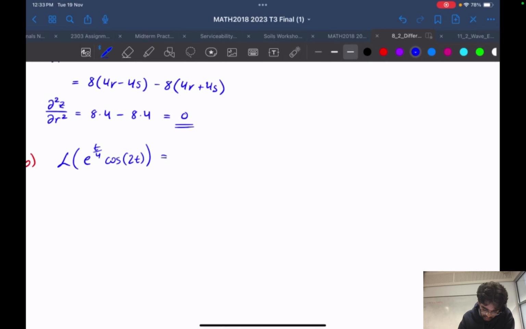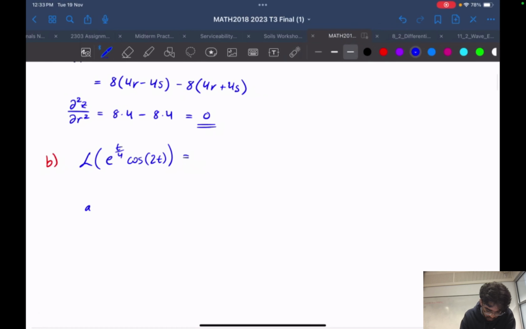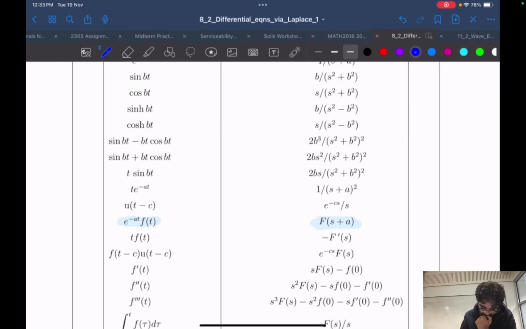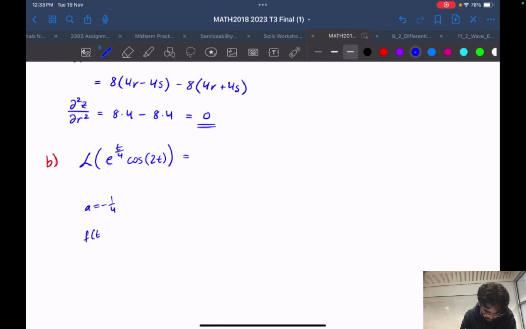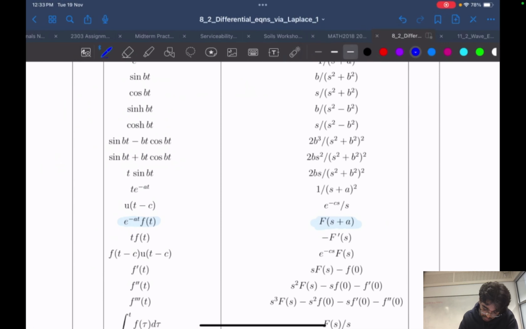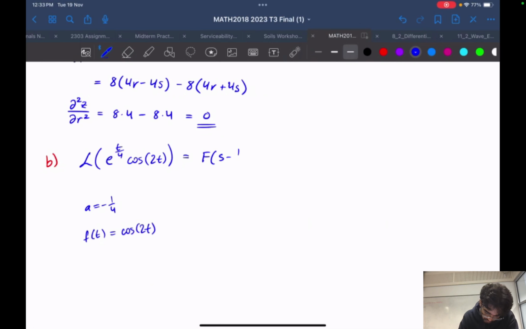In our case, a will be minus 1 over 4, and our f of t is equal to cos of 2t, right? And this is equal to f of s plus a, or s minus 1 over 4.